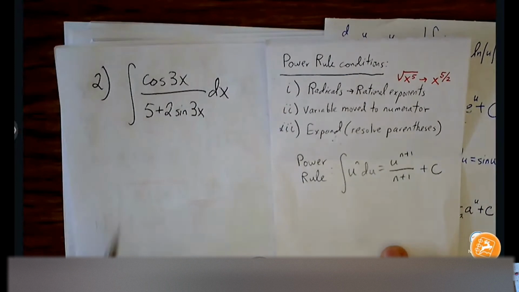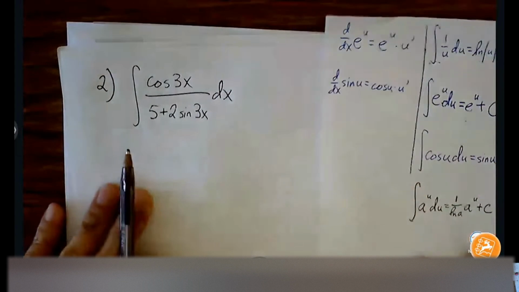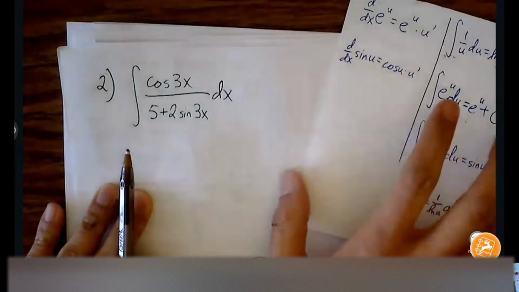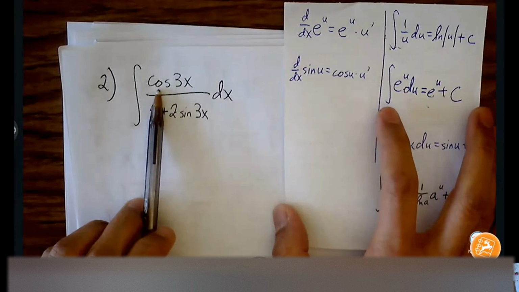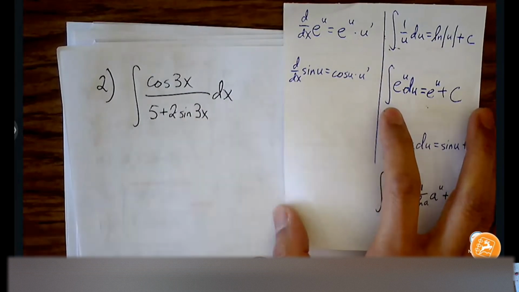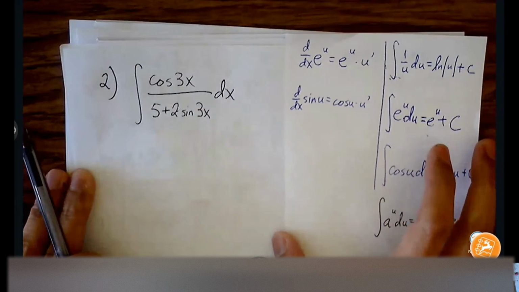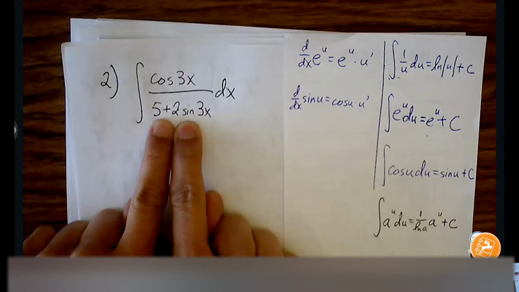Too many terms in the denominator separated by plus, so we're kind of stuck. Second option, use substitution. Is it maybe 3x? Is it cosine of 3x? Is it sine of 3x? Is it the entire denominator? Yeah, that denominator I think is going to be a good fit here again.